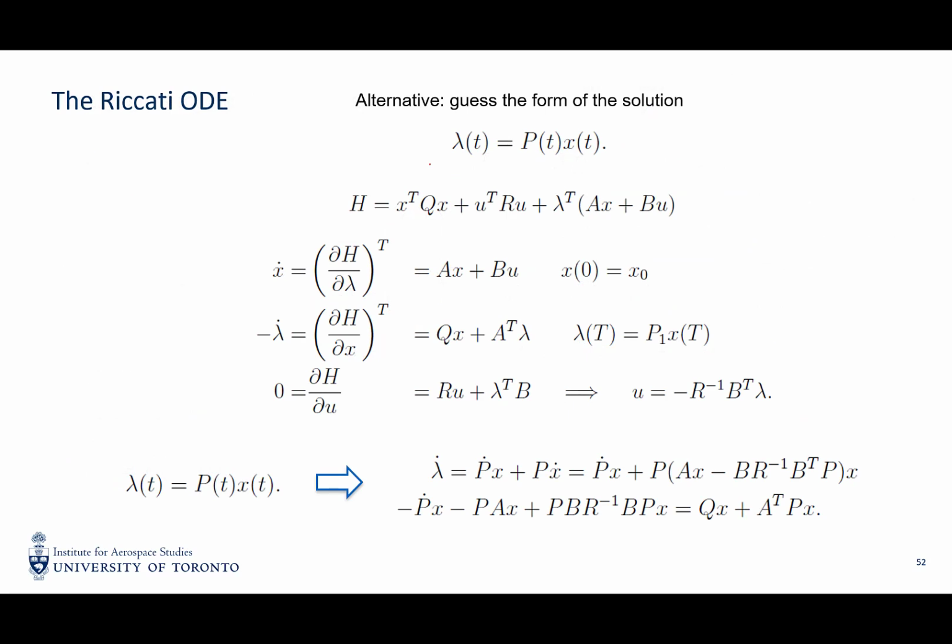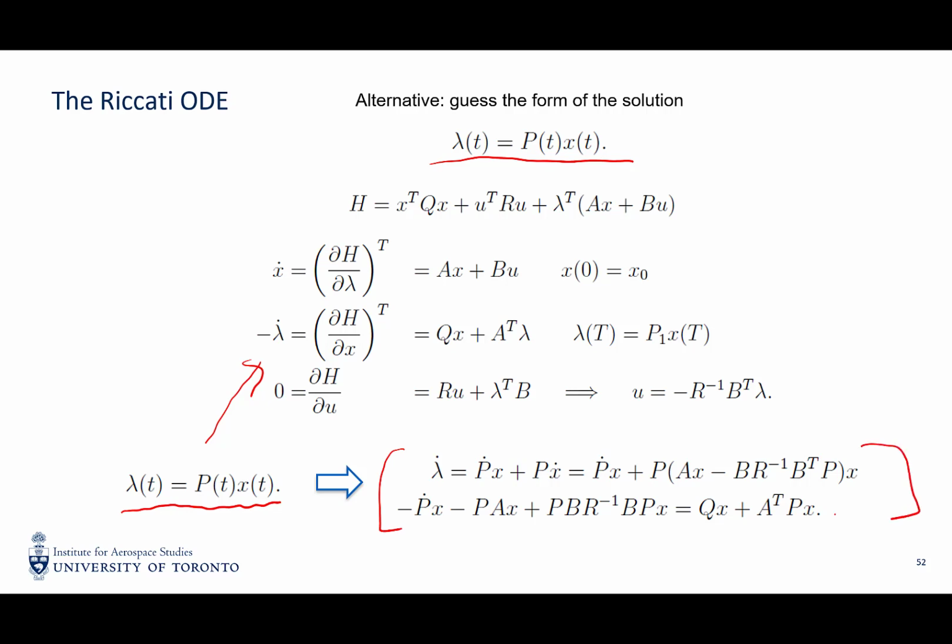So now lambda is given by p times x, and then we apply this condition to this equation such that we can have the following.